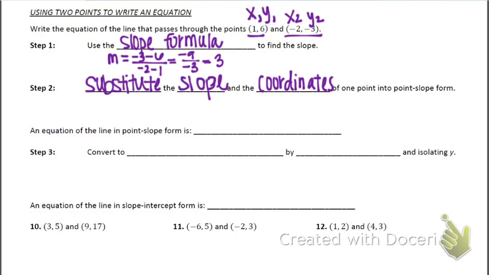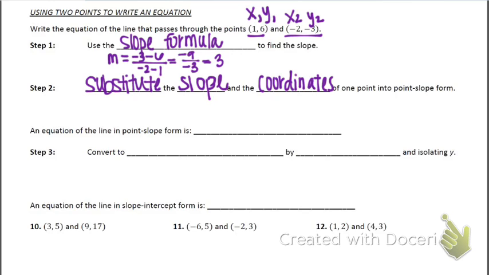Does it matter which coordinates you plug in? No. In fact, even though I choose to use (1, 6), and Rose chooses to use (-2, -3), even though our equations in point slope form look different, it's actually the exact same line, okay? So it does not matter, whatever you are more comfortable with.